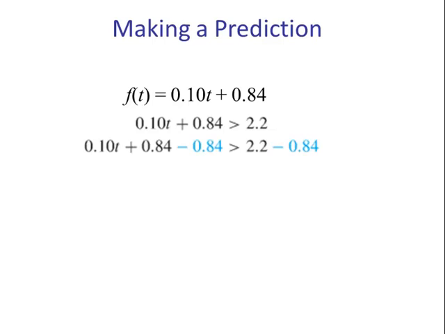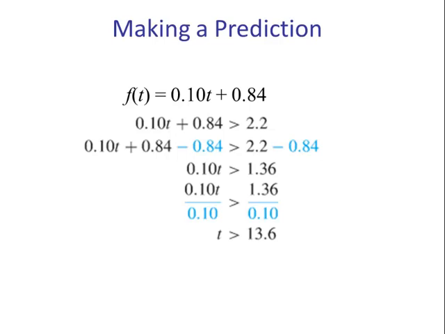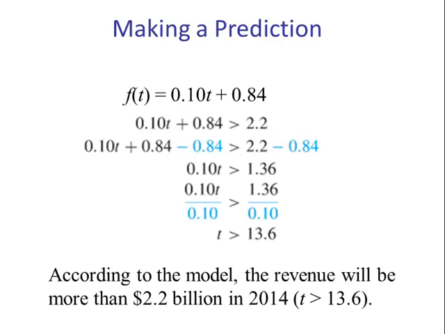Subtracting 0.84 from both sides yields 0.10 t is greater than 1.36. Dividing by 0.10, we have t is greater than 13.6. So in terms of the problem, according to the model, the revenue will be more than 2.2 billion in about the year 2014.